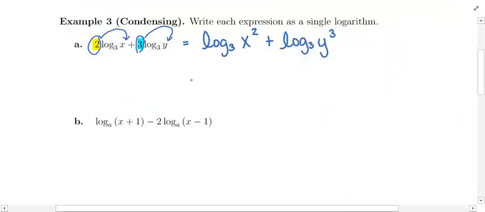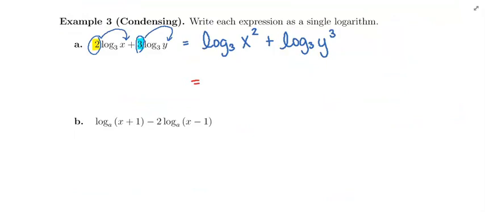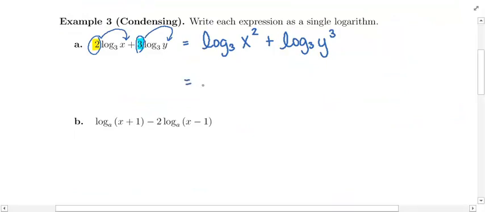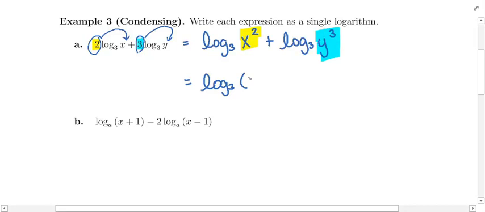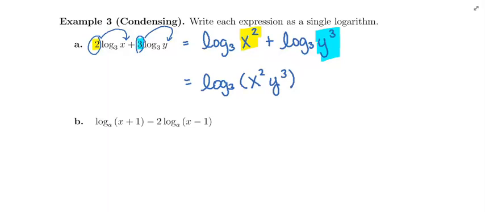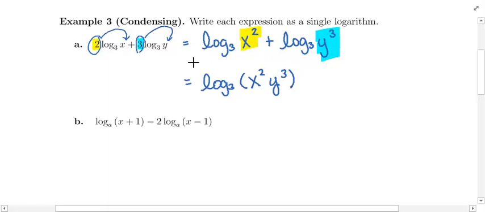So these two logarithms will combine to be 1 base 3 logarithm, and what we need to do is multiply the stuff together. We need to multiply x squared times y cubed. So this is going to be log base 3 of x squared times y cubed. We have combined these into one single base 3 logarithm, so we are done. This is the answer.